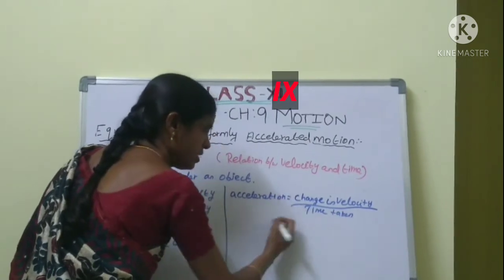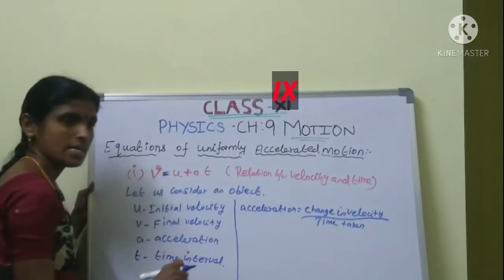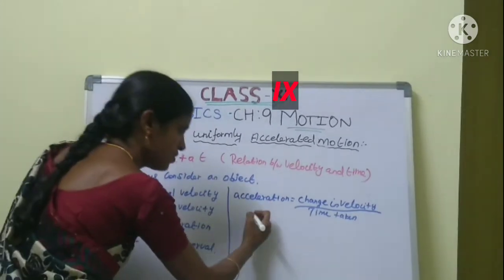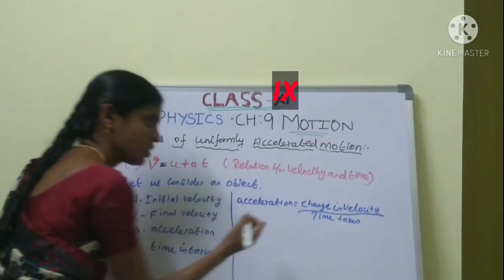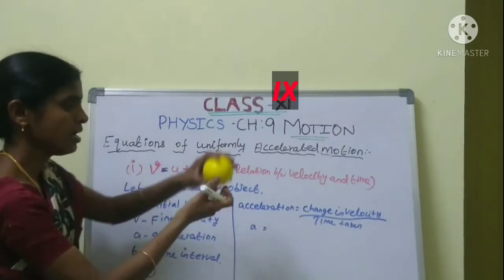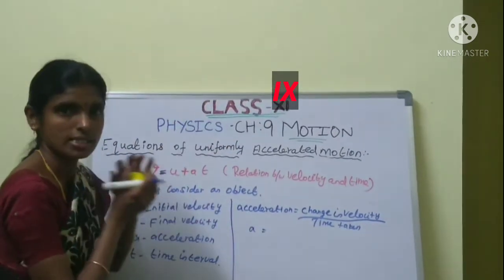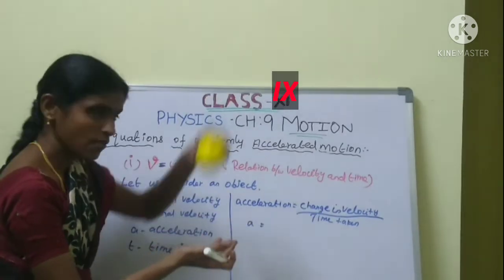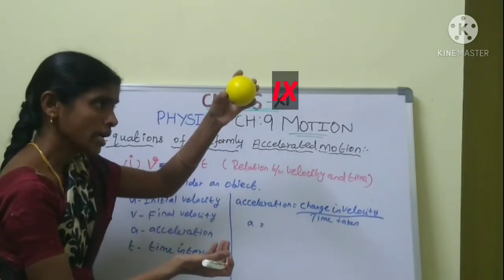What is the change in velocity? Change in velocity means final velocity minus initial velocity. Final velocity minus initial velocity.